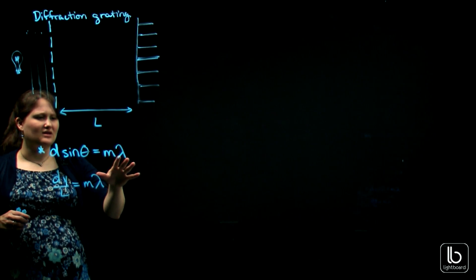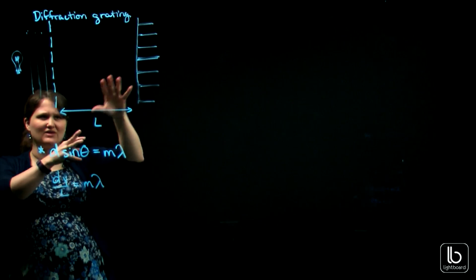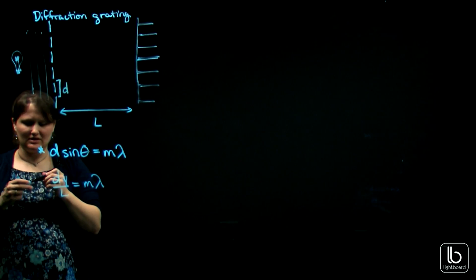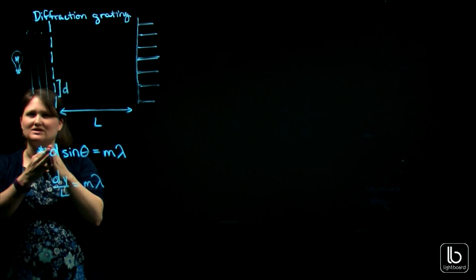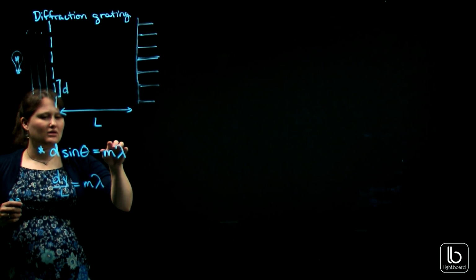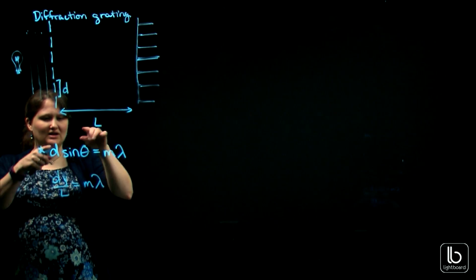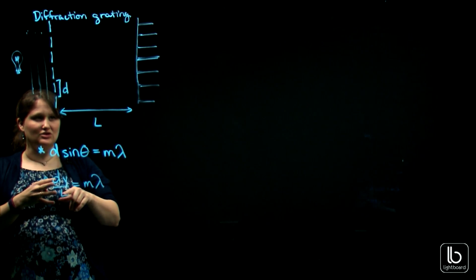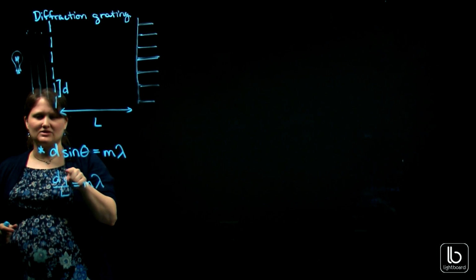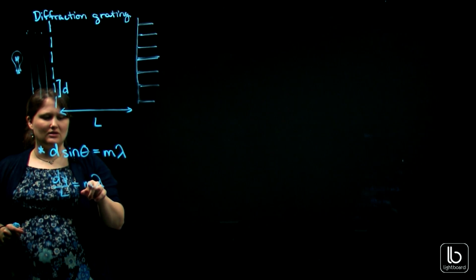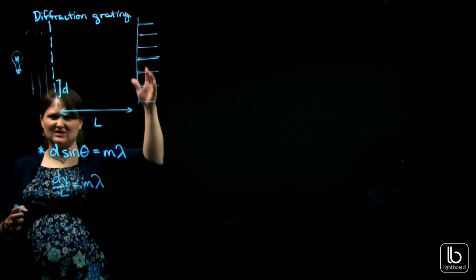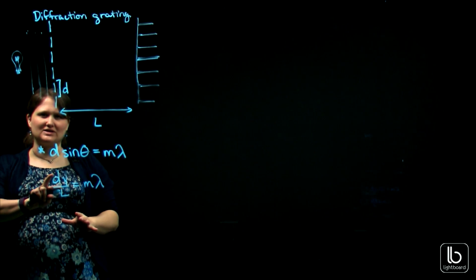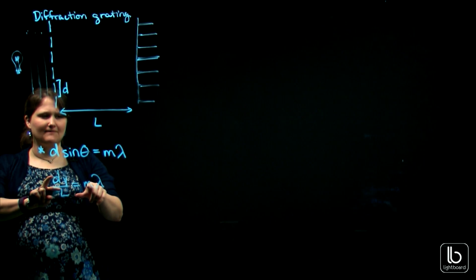Because for a given setup, the distance between my slits, d, is set, this is not changing in my system, and my sine theta bit is set in terms of my length. This y term can change. My mode, I can have different modes, different counters here. But if d and L are set, m is set.